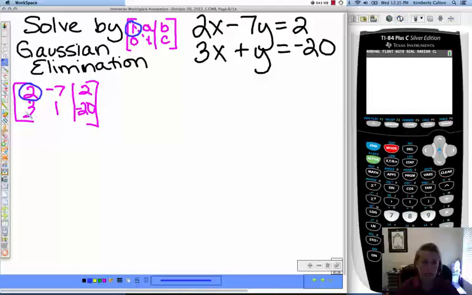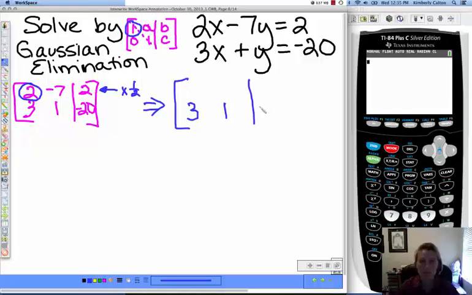But 3 isn't going to work for me because with 3, I'm still going to have to do something with it. So now I want to figure out what I need to multiply this row by to make this value equal 1. So if I multiply this entire row by a half, then it should change this 2 to a 1. So now we're going to do that in this step. So we're not changing anything on the bottom, so I'm going to leave that the same.